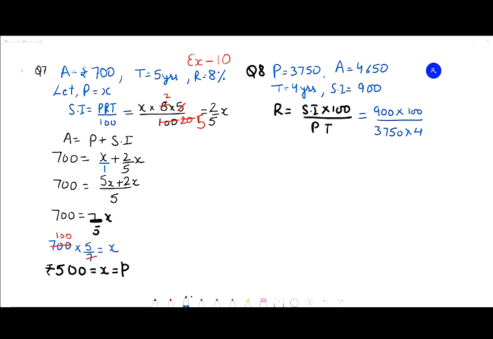Now I will cut the 4 with the 100 and I'll get 25. Now I cut this 0 with this 0. Again we can cut it with the 5 and I'll get 5. Here I'll get 75.